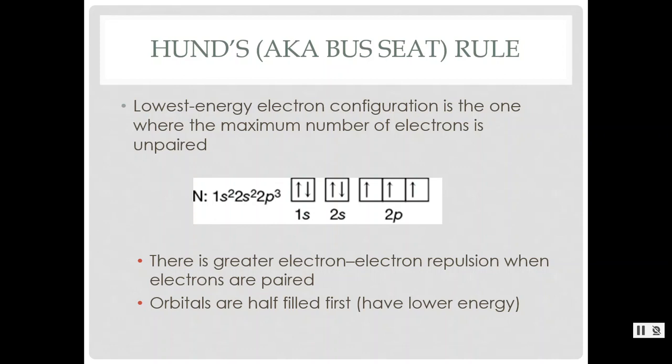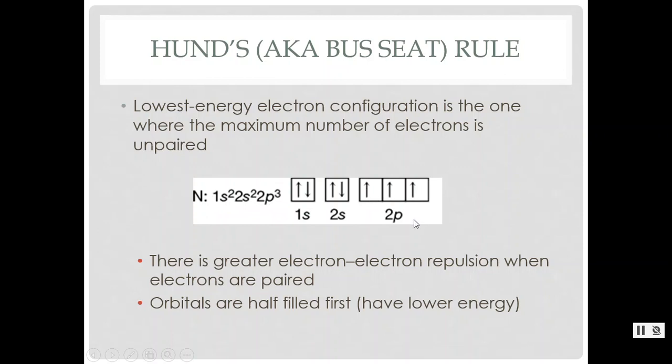It has to do with the electron repulsion that occurs when those electrons are paired in the same orbital. They will pair up, but only when they're forced to, meaning only when there's no other free empty orbital available. So for nitrogen, when placing those 3 2p electrons, since I have 3 empty orbitals, each electron gets its own orbital.